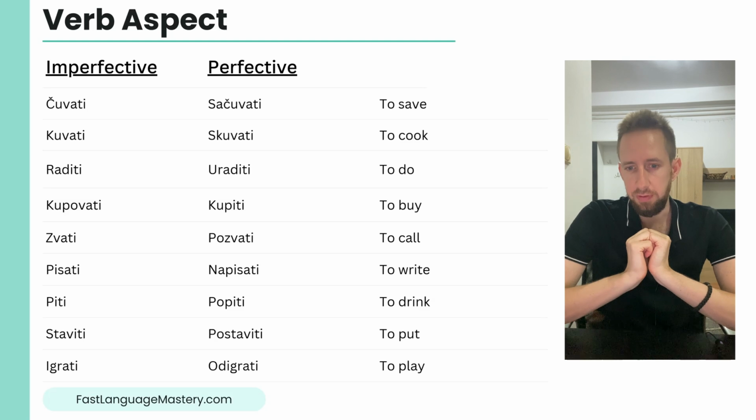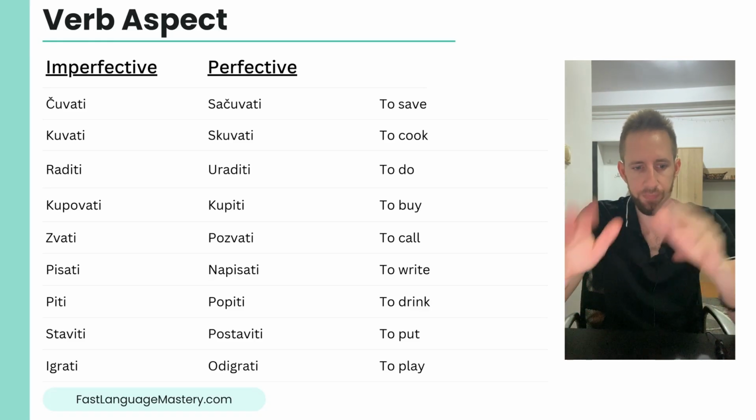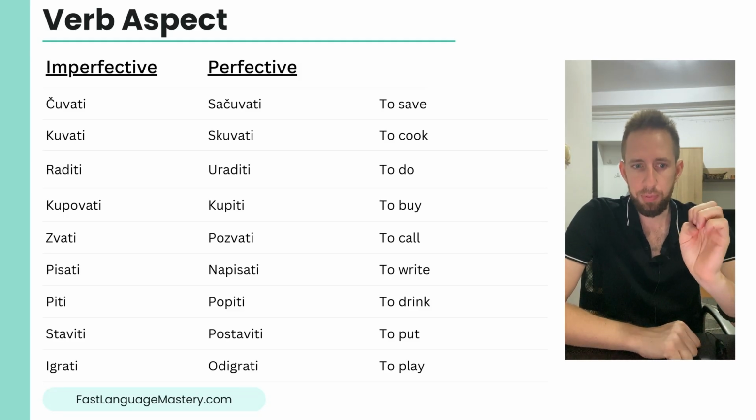Zvati, pozvati, to call. Pisati, napisati, to write. Piti, popiti, to drink. Staviti, postaviti, to put. Igrati, odigrati, to play.